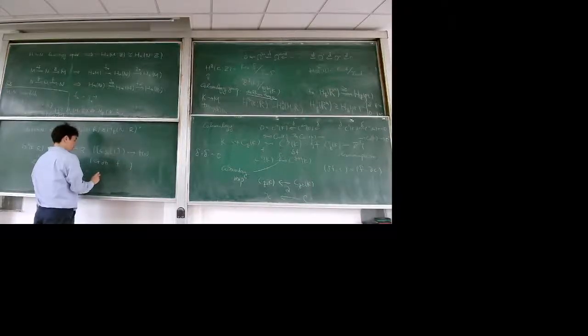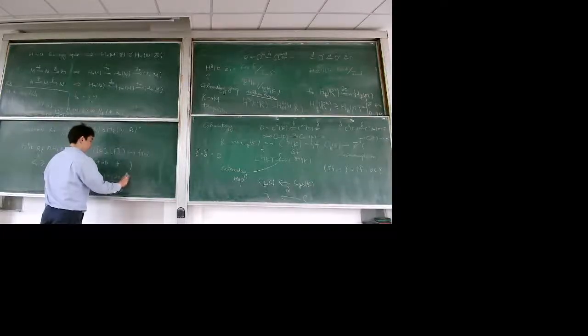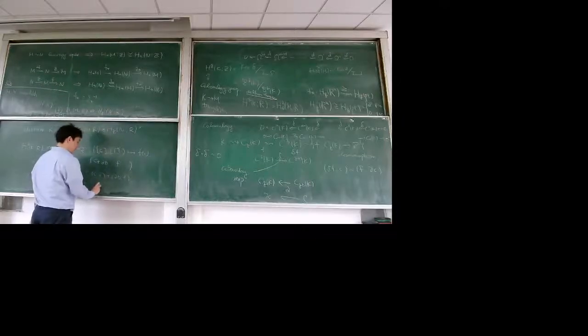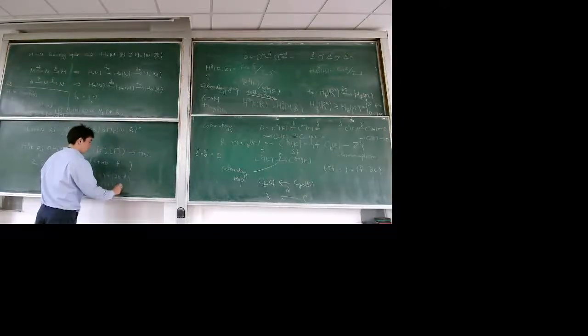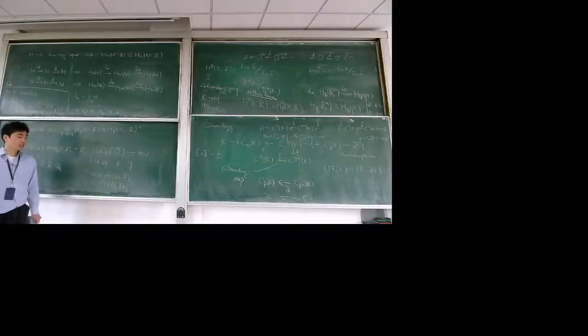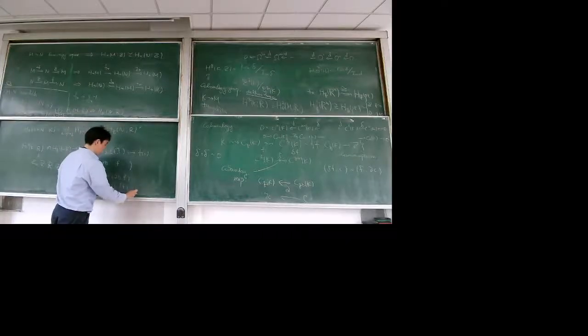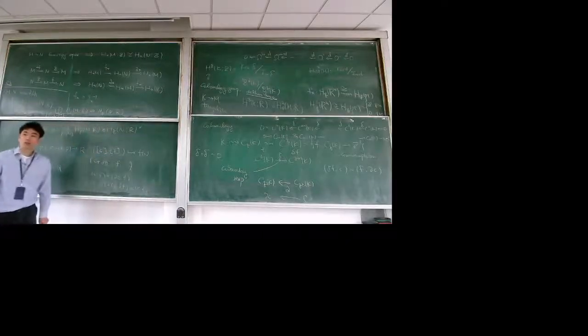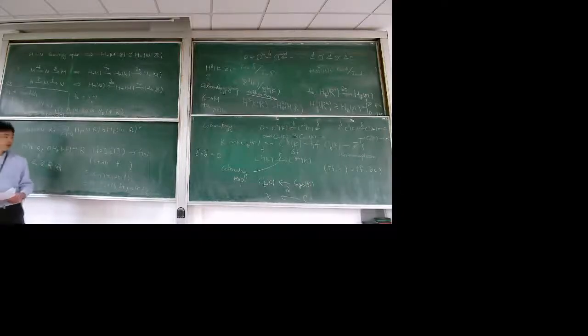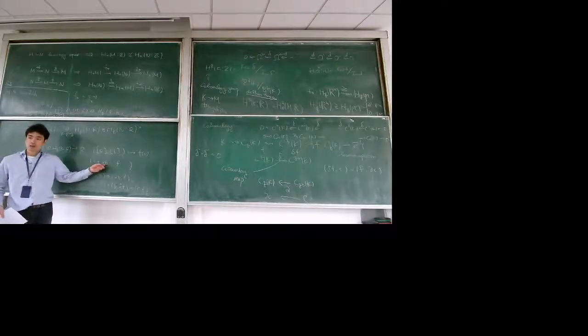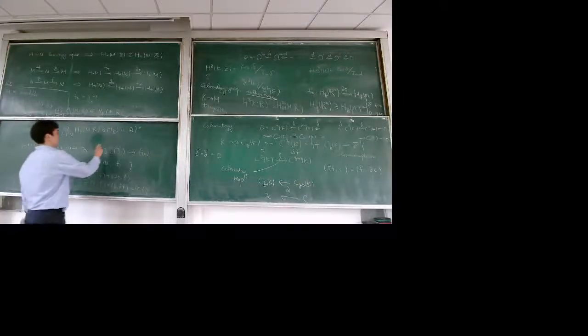So this is indeed C dot F plus the boundary term, and since F is in the cohomology, this is 0. Therefore, this is equal to C dot F. Therefore, it's well defined. Even if you add something trivial to the homology, it does not affect. So this is well defined.